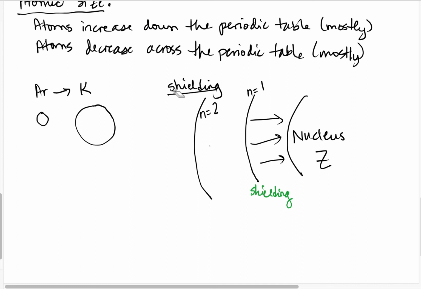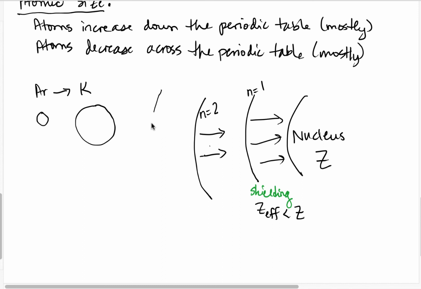Shielding means that they are shielding you a little bit from the awesomeness that is the nucleus, or, your favorite performer on the stage. And so they're still going to be feeling a lot of attraction to that nucleus, but they're feeling a little bit less. So they experience an effective nuclear charge that is less than the actual nuclear charge.